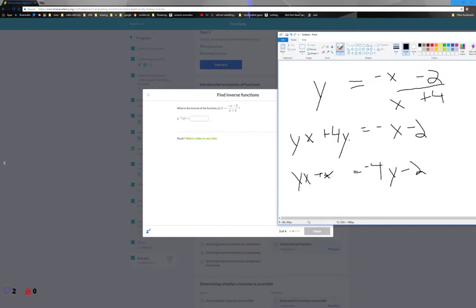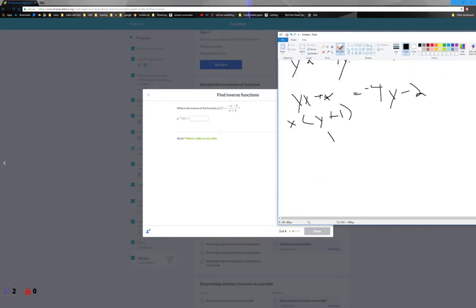And then we'll take out an x here, and then we'll divide by y plus 1. So it'll be x equals negative 4y minus 2 over y plus 1.